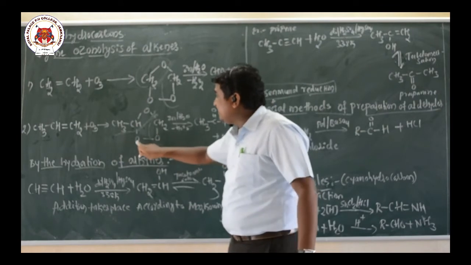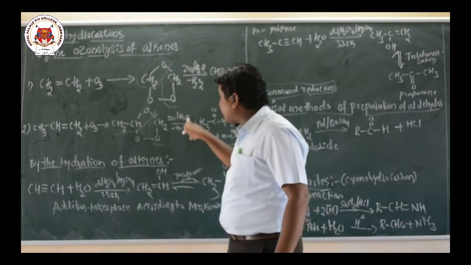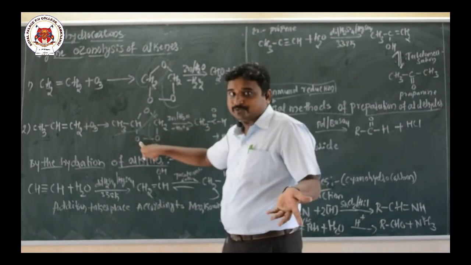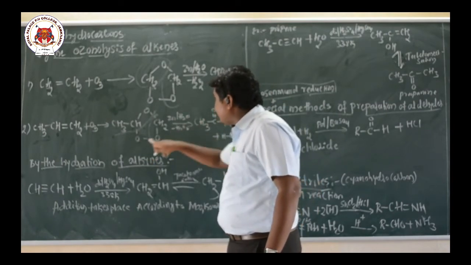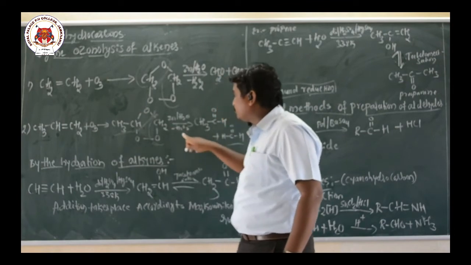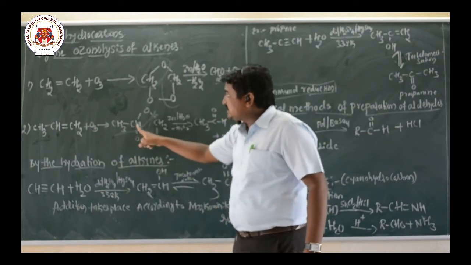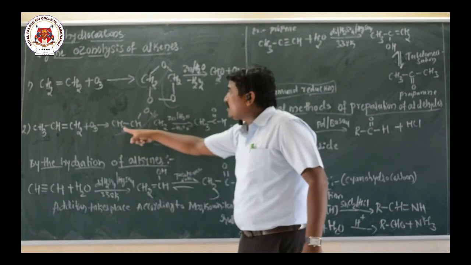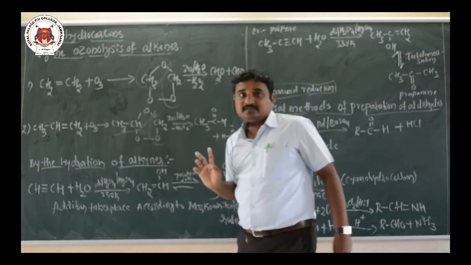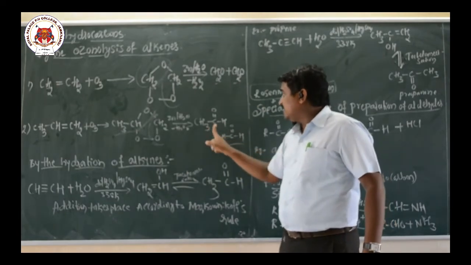The oxygen, already we have added H2O, that has to be removed, so removal of H2O2. The product is CH3CHO, another one is CH2O. That means the product is a mixture of ethanal and methanal.